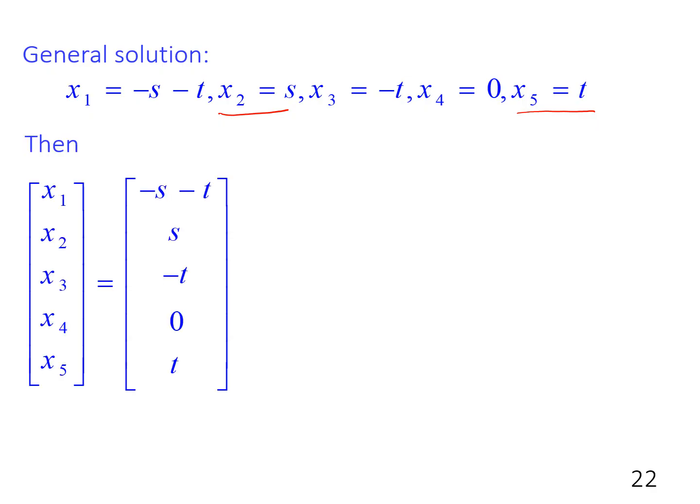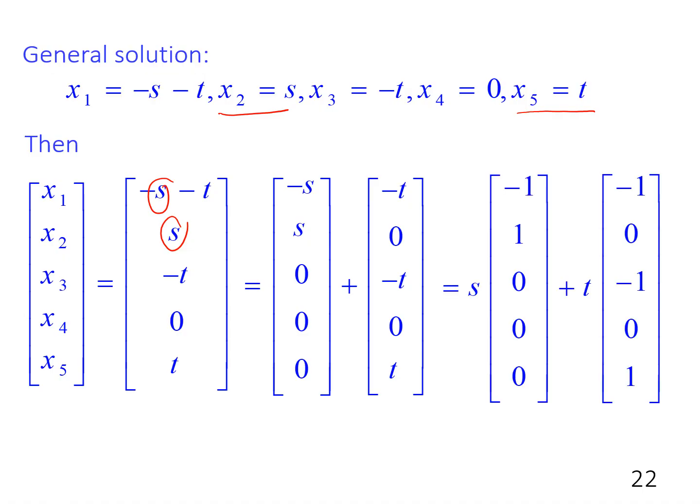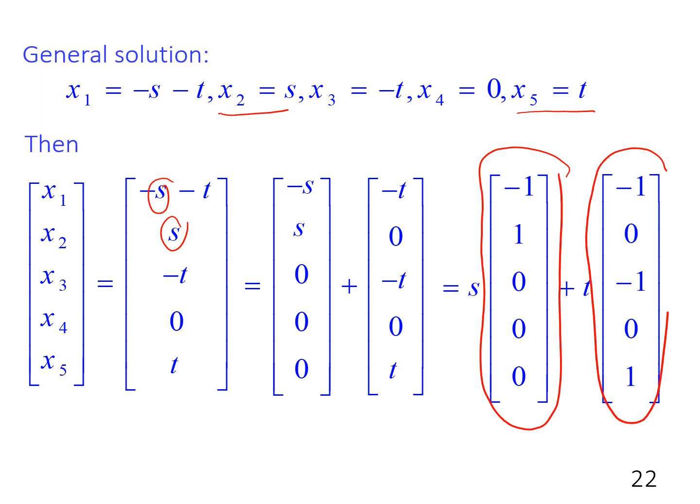We may write the solution as a column vector and separate the terms in s and t, where we can see that every solution of the system can be expressed as a linear combination of these two vectors.